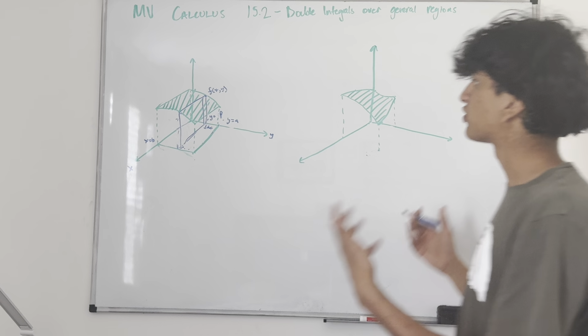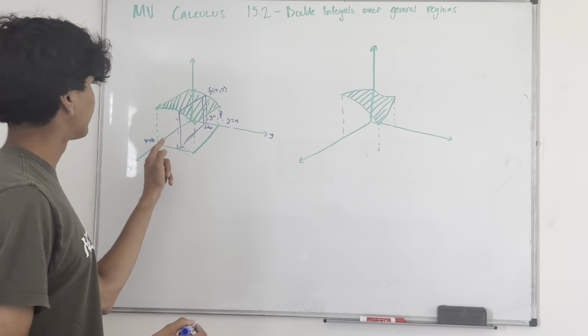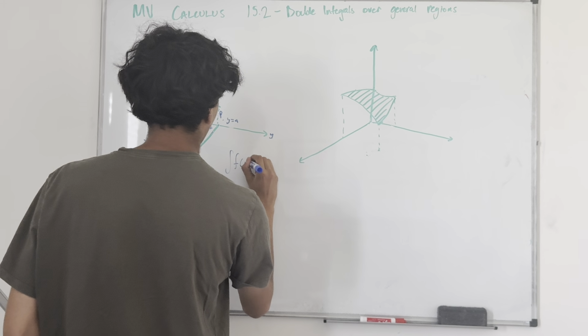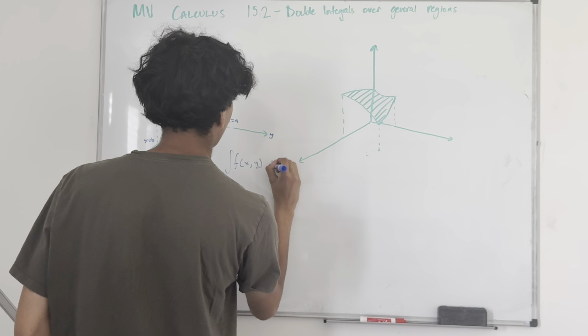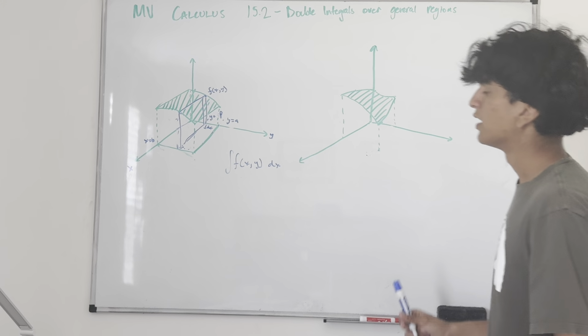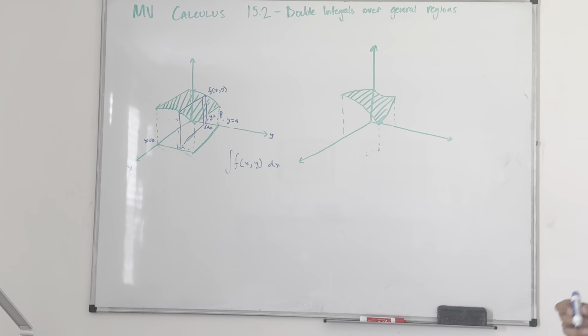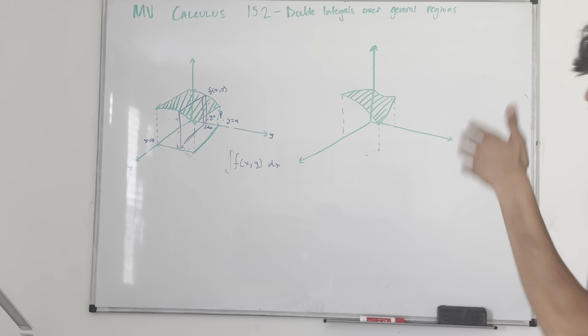So in other words, the cross-sectional area at some value of y is going to equal the integral of f of x, y, in this case dx, because we're adding up all the dx's, and then we get the cross-sectional areas.